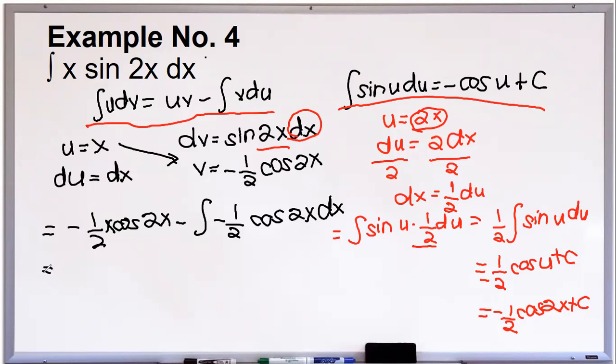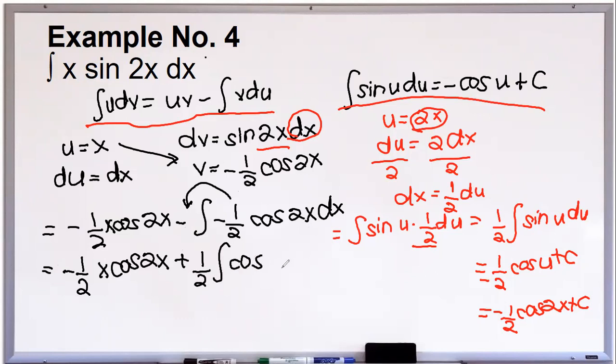Okay, so ito, simplify natin. So magiging ano? Negative 1/2 x cosine of 2x. Pag nilabas natin itong negative 1/2 na to sa labas ng integral sign, negative ng negative 1/2, magiging positive 1/2 na siya. So integral of cosine of 2x dx.